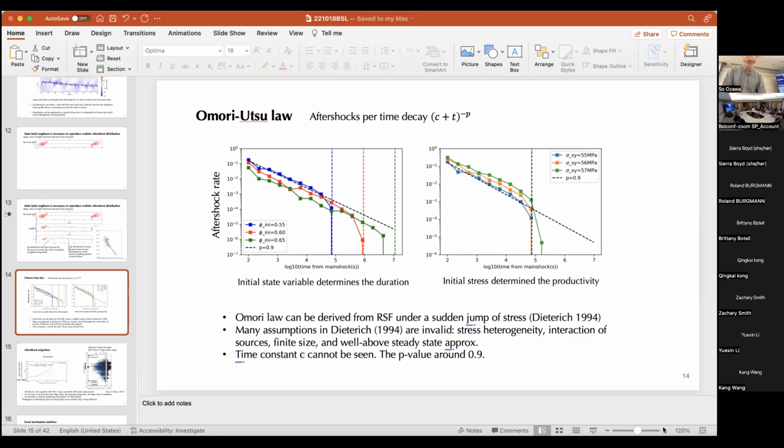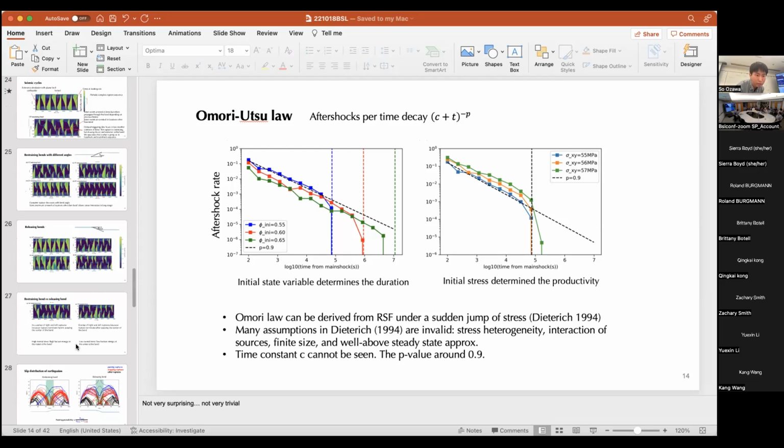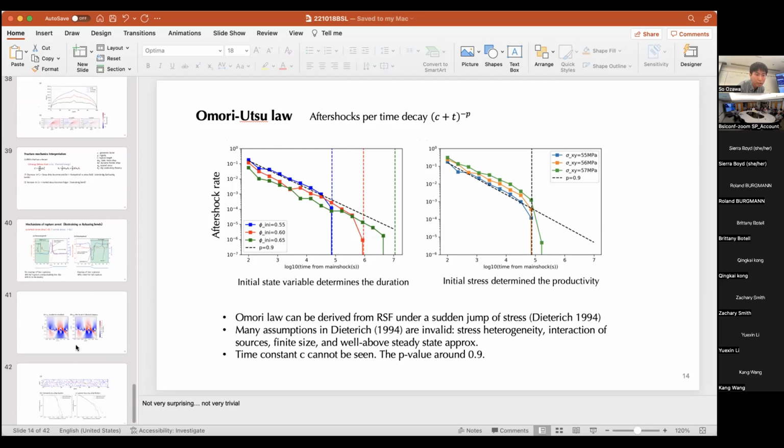Are all the aftershocks of the same magnitude? Basically the same, because the size of the secondary fault is basically the same. But I also tried some simulations using a power law size distribution of secondary faults. In that case we get Gutenberg-Richter, but it's not very interesting because it's a very general, trivial result. I think I have some figures in the appendix.